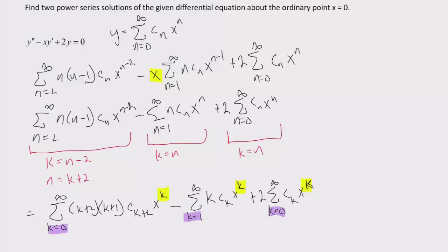But that's a pretty easy solution to work around, especially if 2 of them start at 0 and 1 of them starts at 1. You just expand in, just plug in 0, evaluate at 0. So at k equals 0 for this first term, I would just get 2c2.